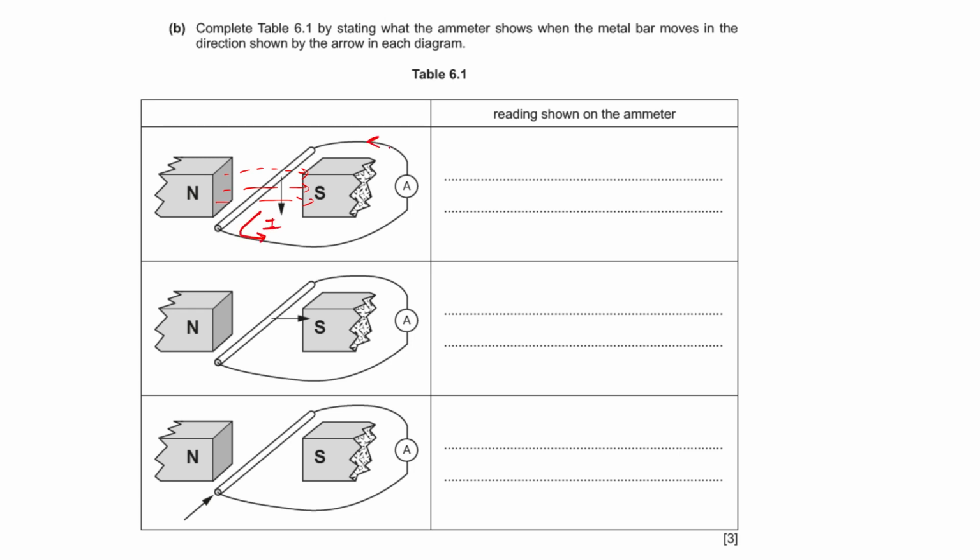This will be the direction of current. So the ammeter shows a deflection opposite to what was observed in figure 6.1.